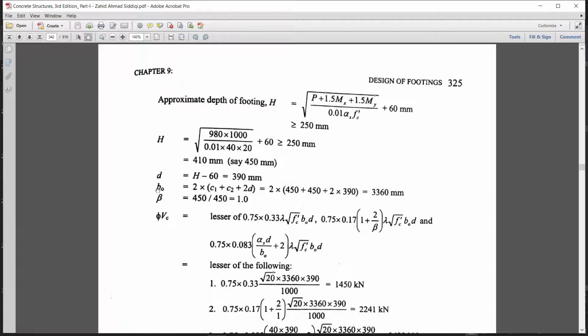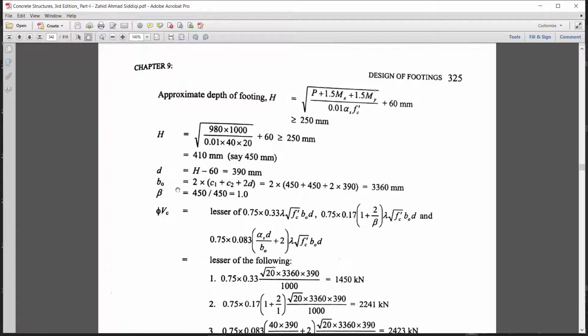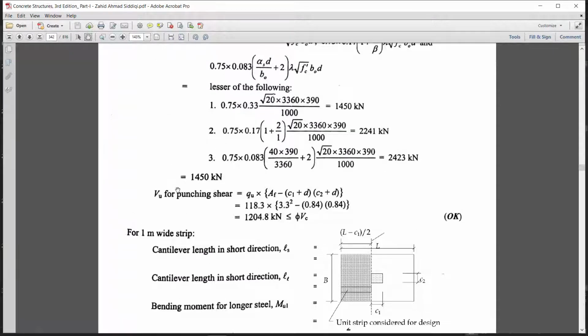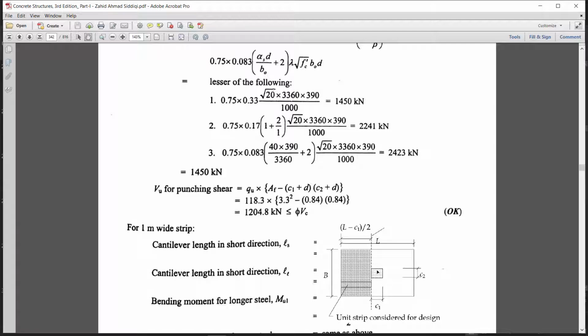So b naught, that is the effective perimeter in the punching shear. Here in the punching shear, C1 and C2 are the column dimensions, and in this direction D by 2, similarly in this direction D by 2.